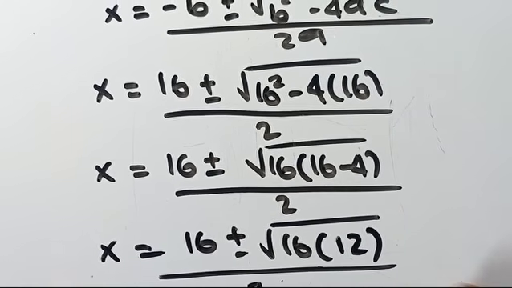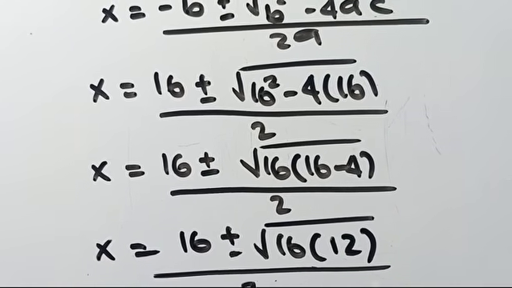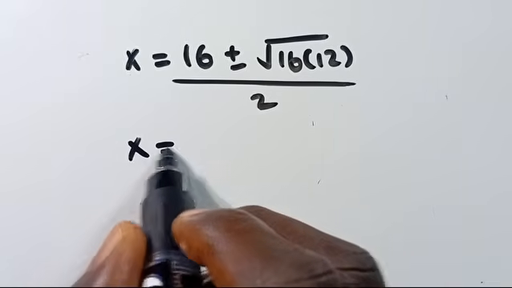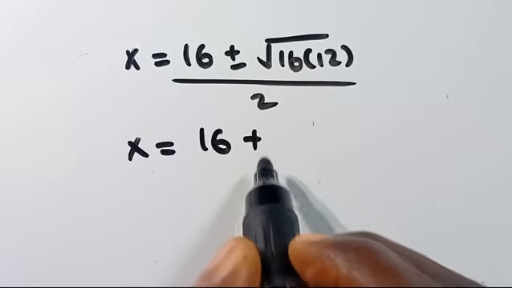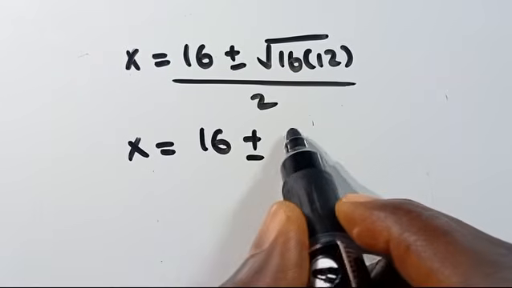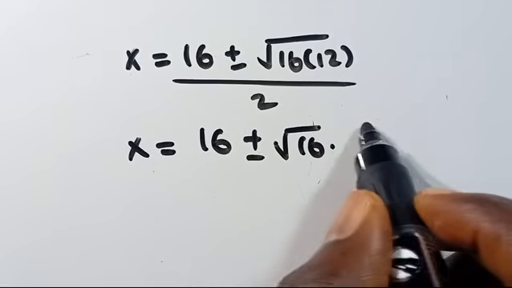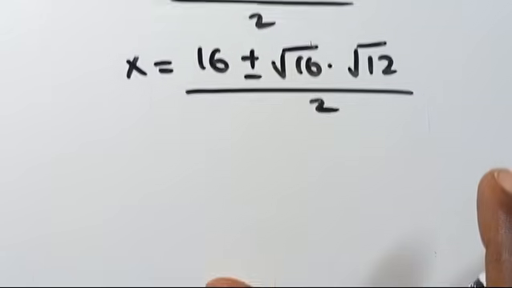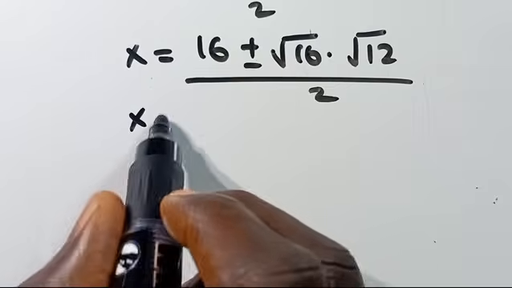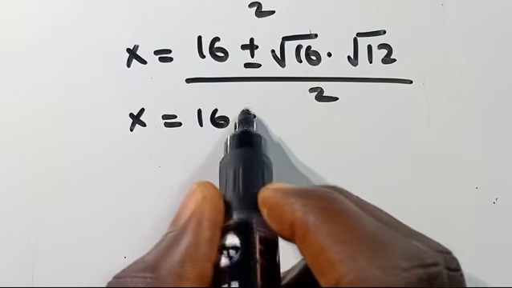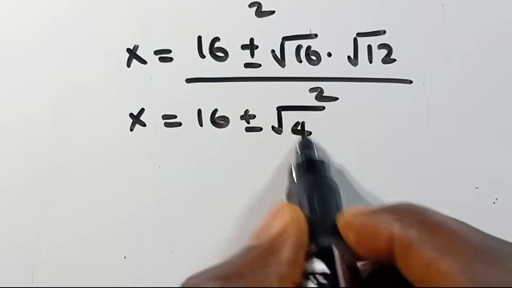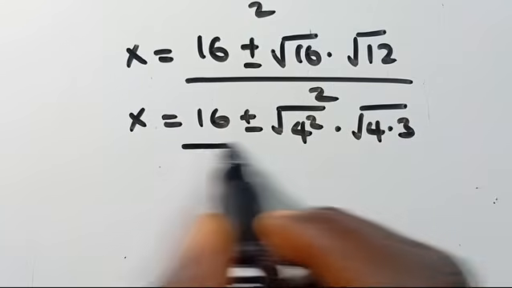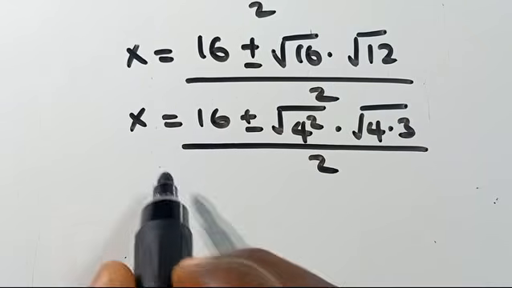Now, so we have x, 16 positive or negative, square root of 16 times 12 over 2. Then we have x, 16 positive or negative, 4 squared times 4 times 3 over 2.